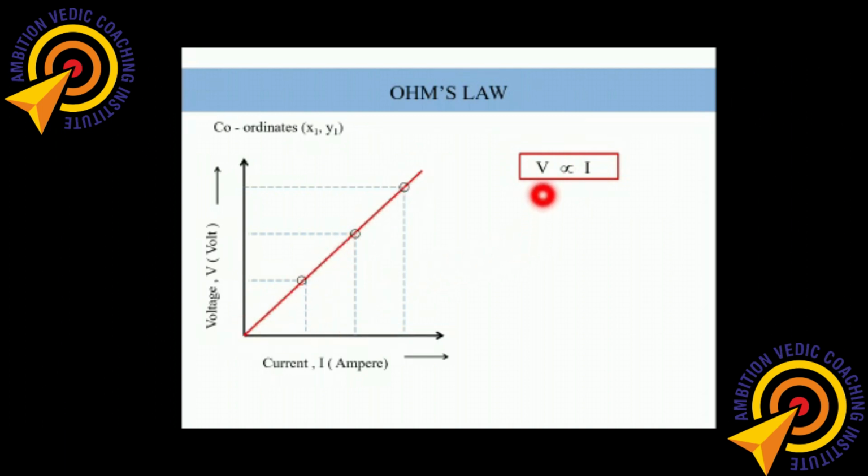So if X is directly proportional to Y, our graph should always be a straight line. Now the question is, why are we interested in a straight line? This is called graphical representation.